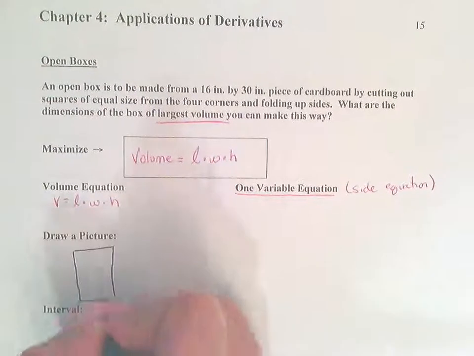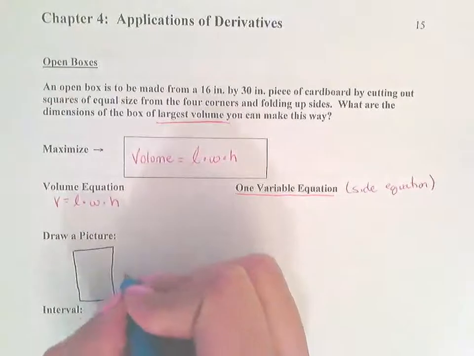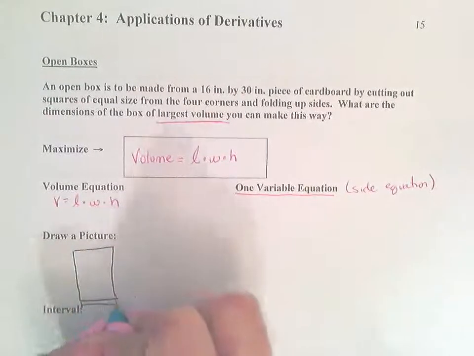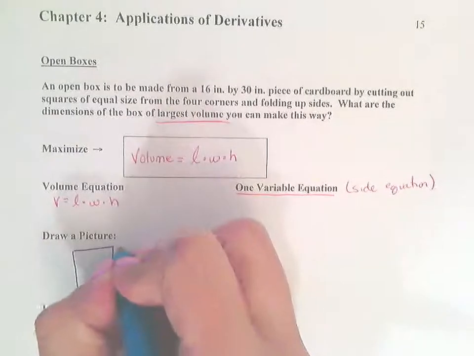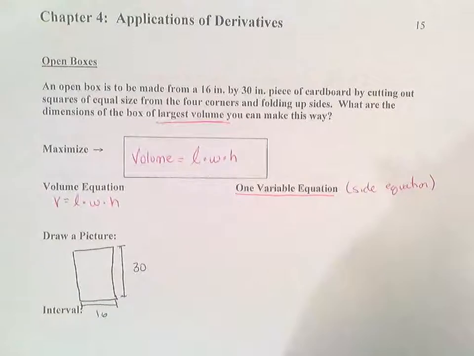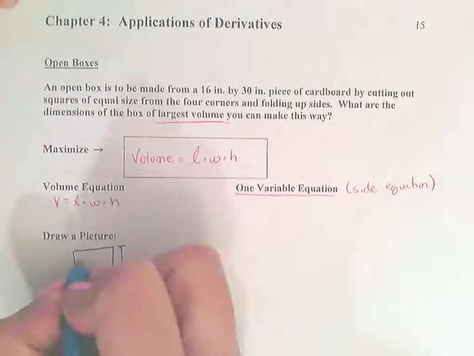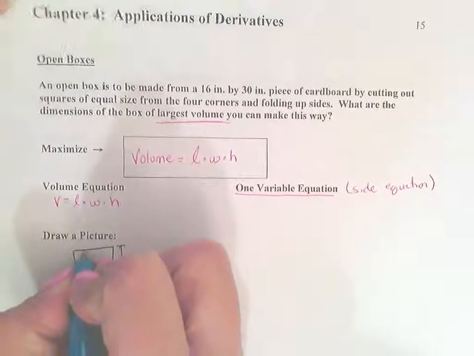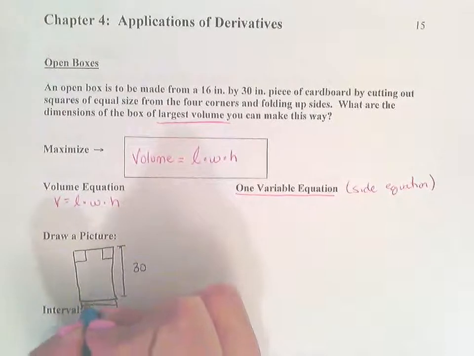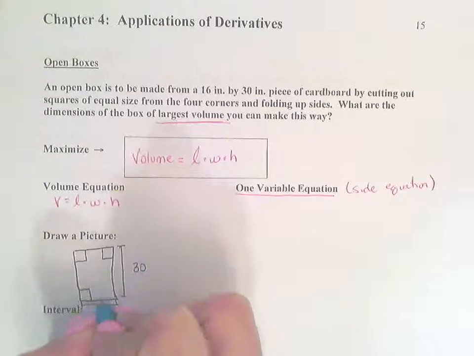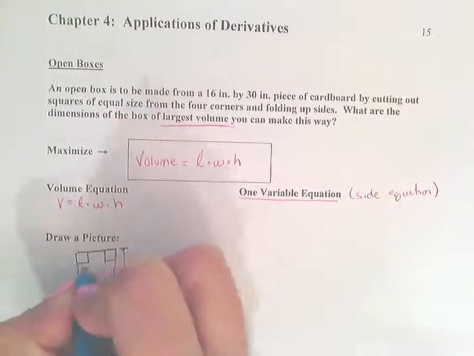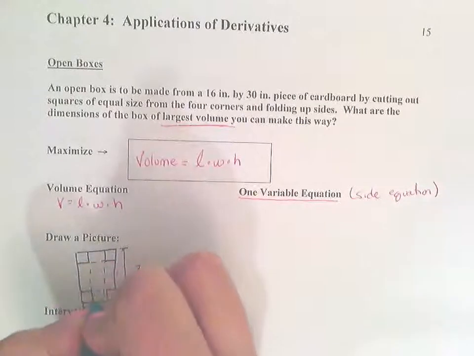And they're basically saying that we have an open box from a 16 by 30-inch piece of cardboard, and we're going to cut out squares so that we can fold up the sides. I'm sure you guys remember this picture. I even remember it from when you guys were in freshmen. We did a problem similar to this without using derivatives though.